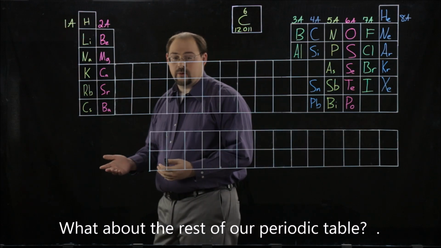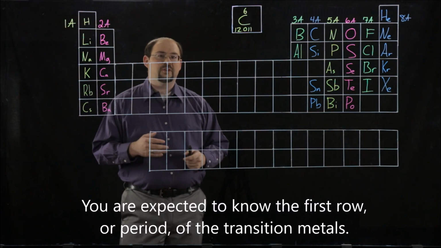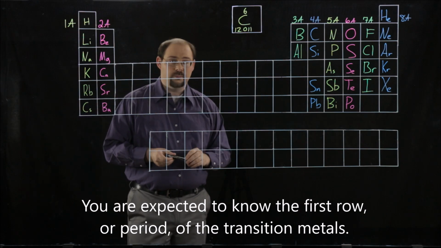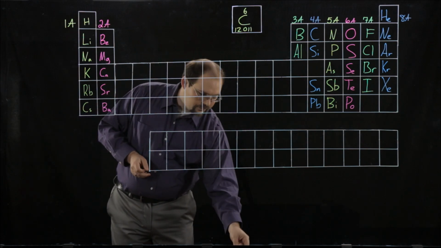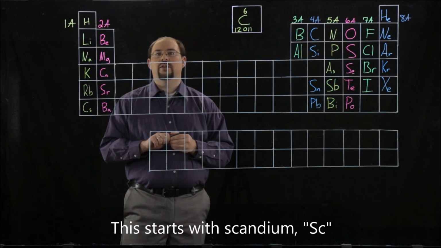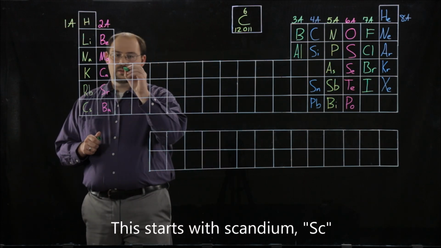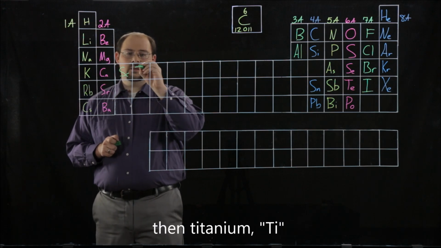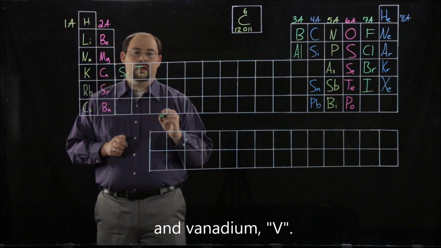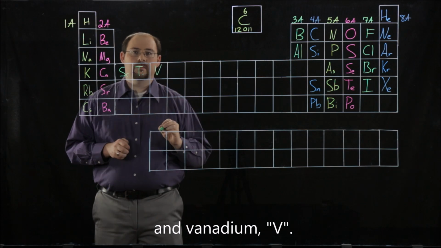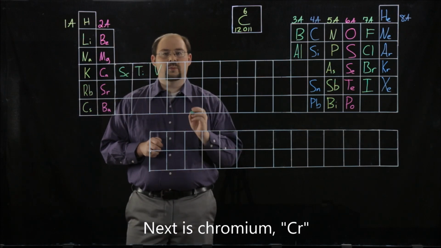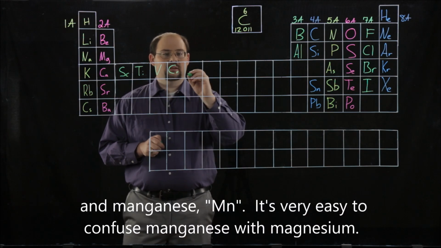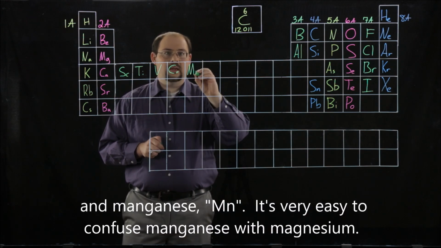Well, what about the rest of our periodic table? You are expected to know the first row or period of the transition metals. This starts with scandium, Sc, then titanium, Ti, and vanadium, V. Next is chromium, Cr, and manganese, Mn.